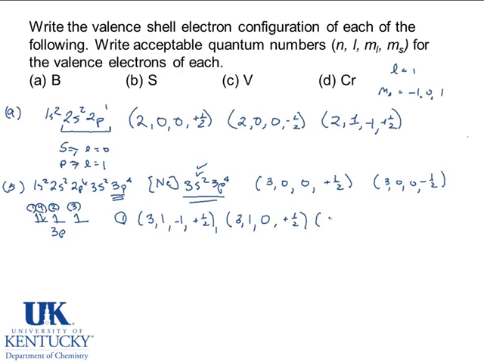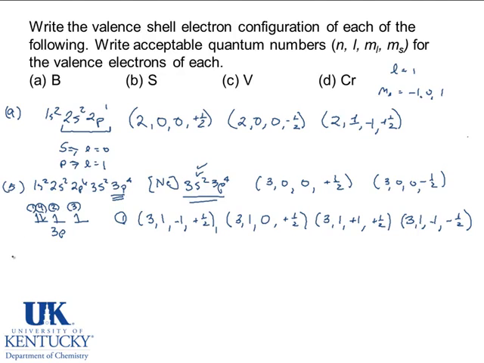The next one is in the 3rd shell, the p subshell, but in a different orbital, so I'm going to call it +1. And it's still spinning in the same direction, so +1/2. Coming back to that first, it should match up with this set of quantum numbers. It's 3, it's 1, it's -1, but it's spinning in the opposite direction. So there's the 4 sets of quantum numbers for the 3p, with the 2 sets of quantum numbers for the 2s, and that would give you all 6 valence electrons.